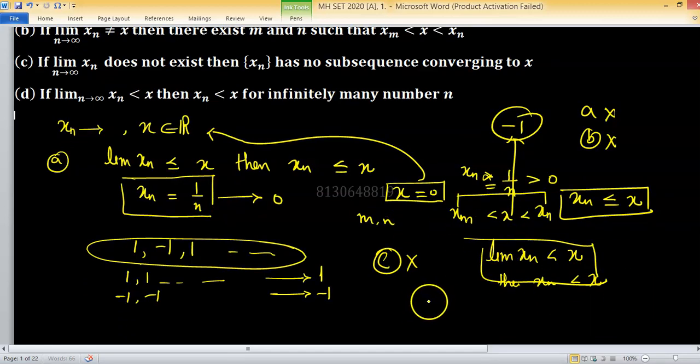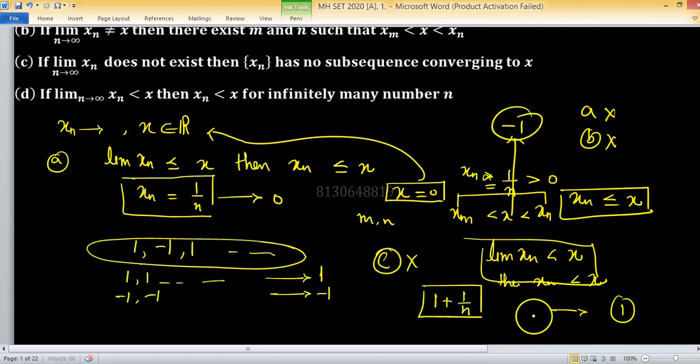If you consider the sequence 1 plus 1 upon n, then the limit of this sequence is 1, and we have infinitely many terms.